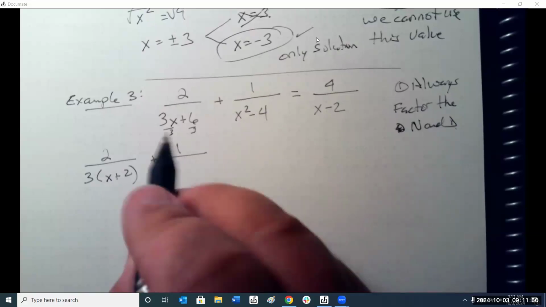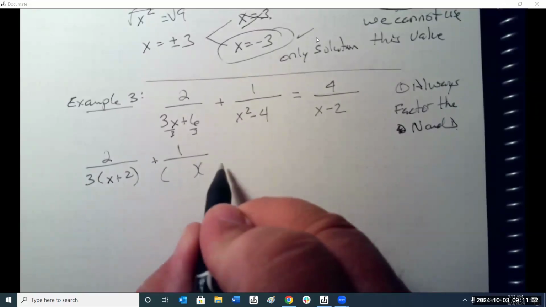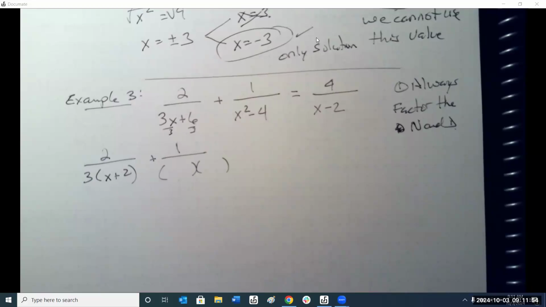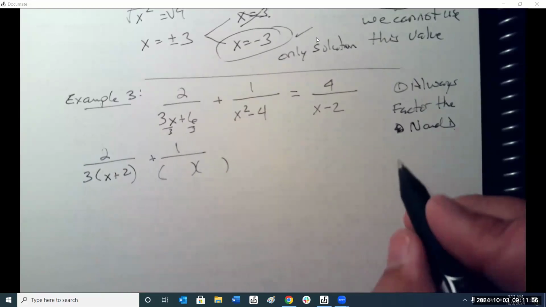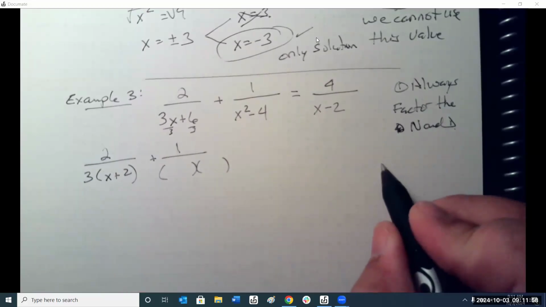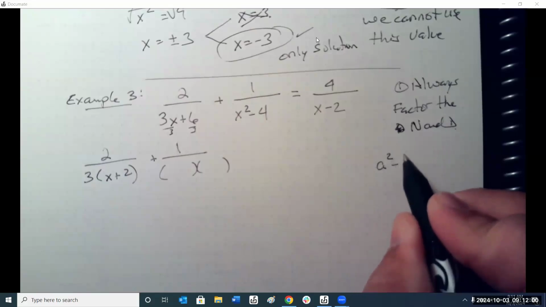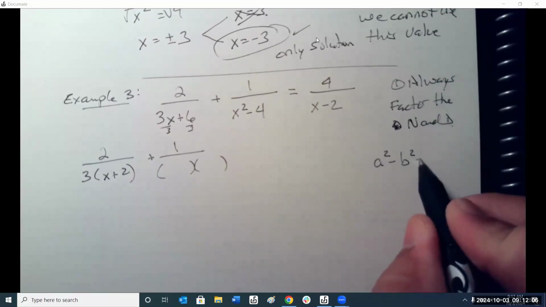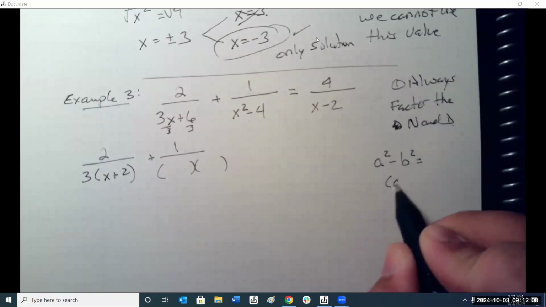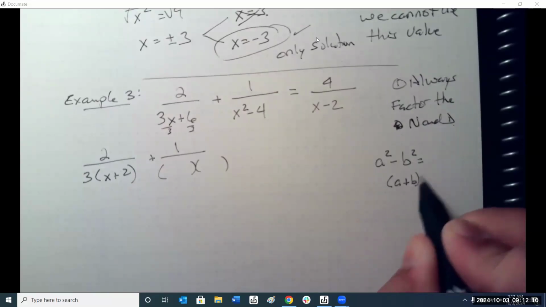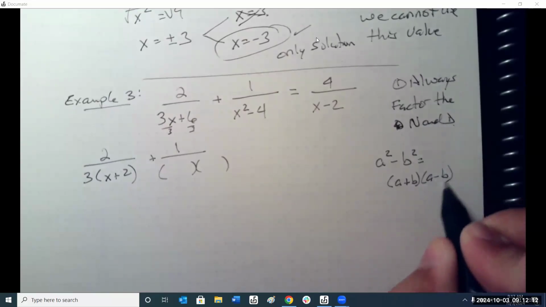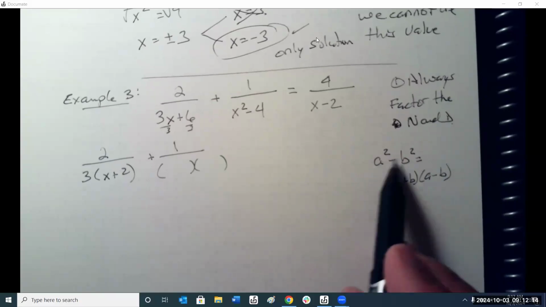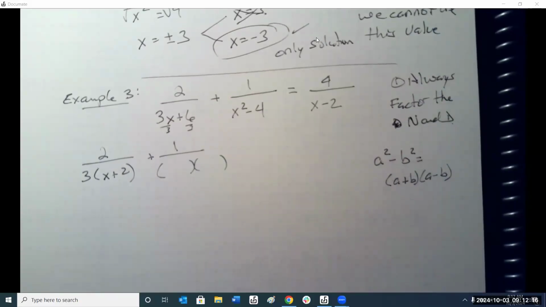This is a quadratic one, which means we're going to have 2 of these. If you have an equation that looks like this, we know this is true because if we took a plus b times a minus b, it'll give us a squared minus b squared. It's what we did when we did complex numbers.